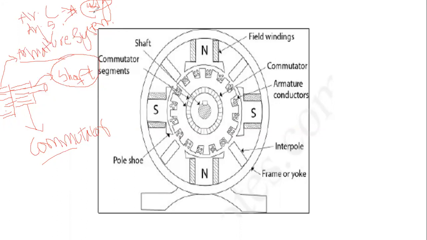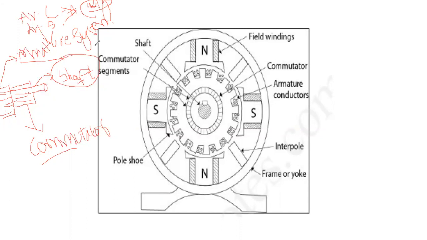Therefore, this armature winding is used to cut the magnetic field produced in the field system. It is called the armature. That is the purpose of the armature winding.